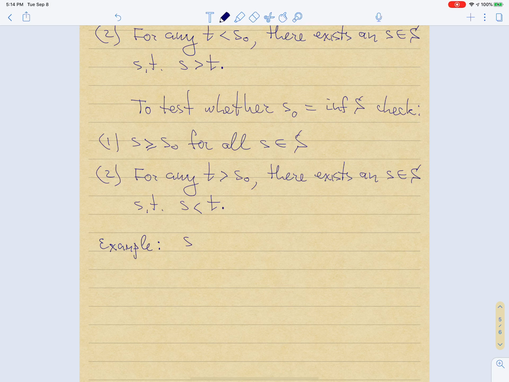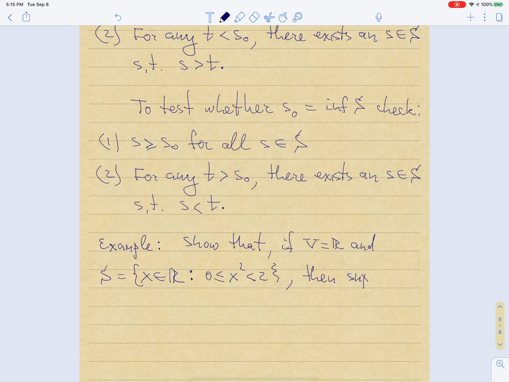Let's say I want to show that if V is R and S is that same set that we considered before, x in, let's say, R, such that 0 is less than or equal to x squared, which is less than 2, then the supremum of S is equal to square root of 2.